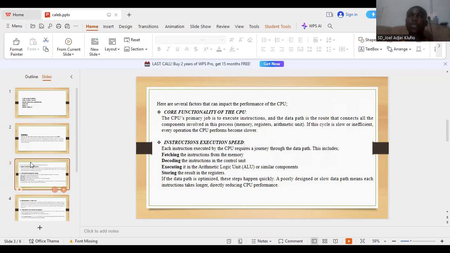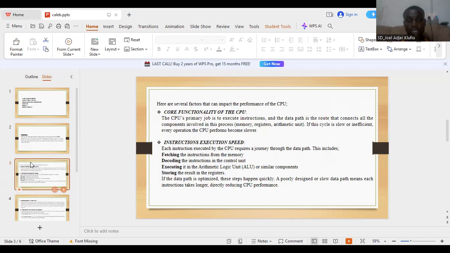So normally the CPU fetches instructions from the registers, and registers are temporary storage areas where data is kept to be processed. We have the instruction decoded in the control unit. The control unit controls or regulates the flow of communication in the system.